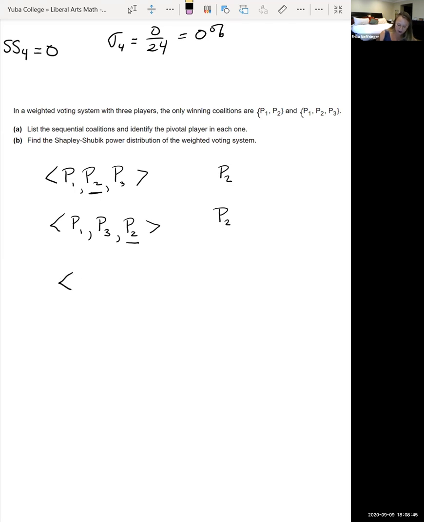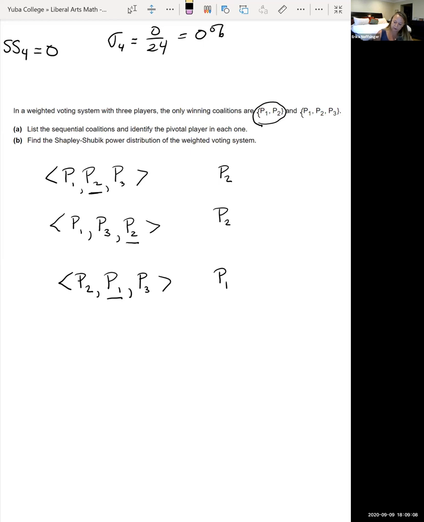So now I'm looking at all the combinations that are possible with player 2 being the first player coming in. So I have player 2, then player 1, and then player 3. Well, again, I know 1 and 2 is a winning coalition. Player 2 can't do it by themselves, but once player 1 comes in, I know that's passing because of the information up there.